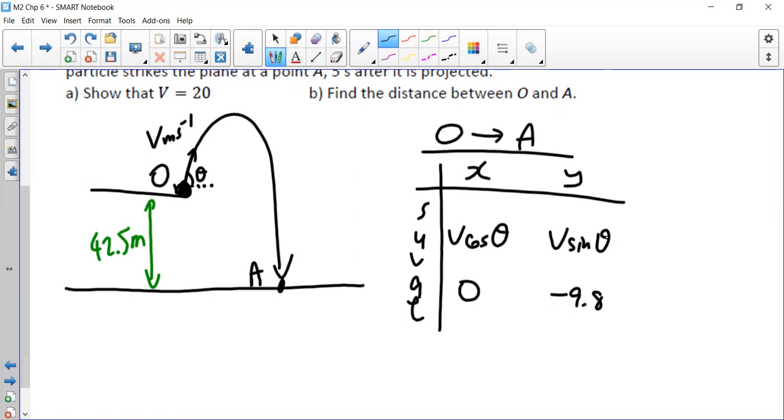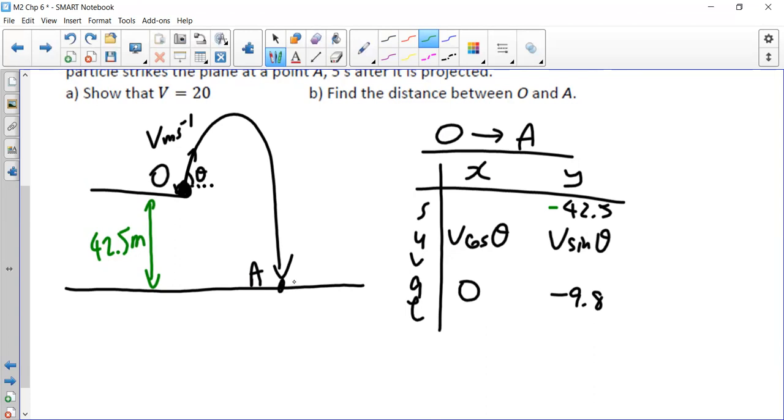Next, we're told 42.5. So where's the 42.5? You can pause the video and think about where we put the 42.5. Yep, on SY, 42.5. But this will be negative 42.5. Why? Because if we start from here, going up is positive. Then after we come back down to the same level, the vertical displacement is 0, but then we dropped 42.5.